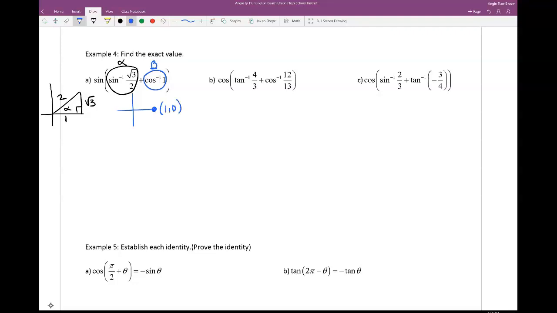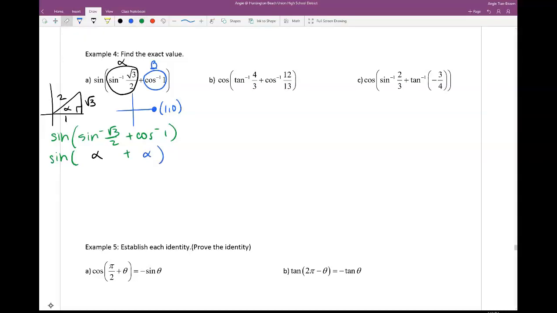Okay, so let's go and find sine of sine inverse of radical 3 over 2 plus cosine inverse of 1. But we already know that this is alpha and this is beta, right? So let's use your identity.